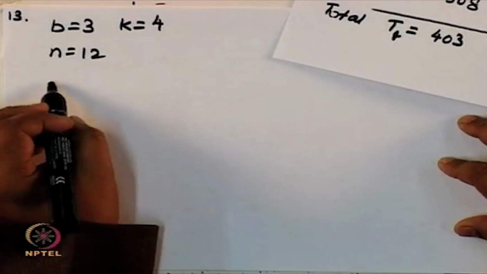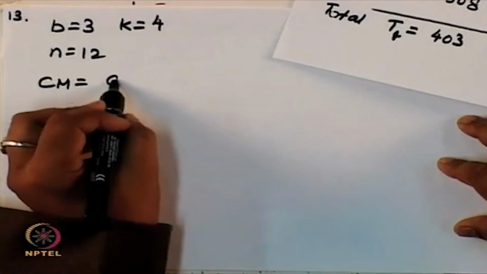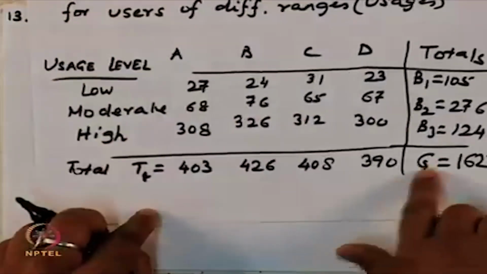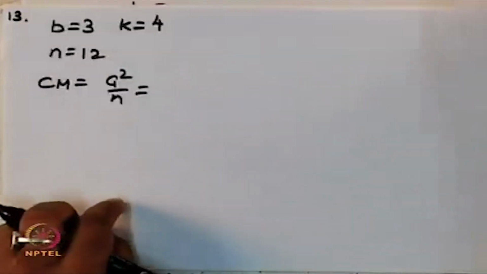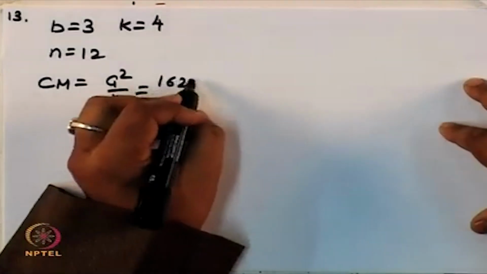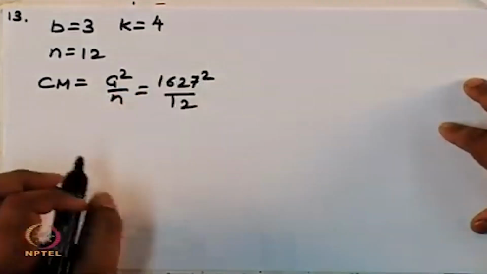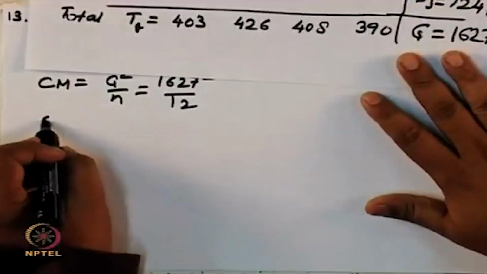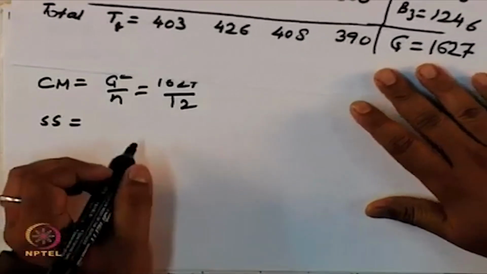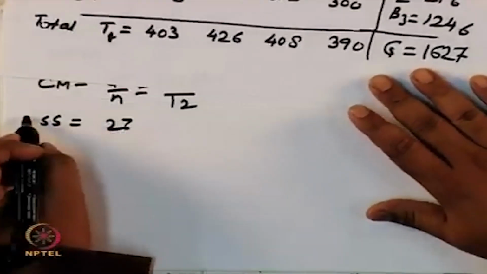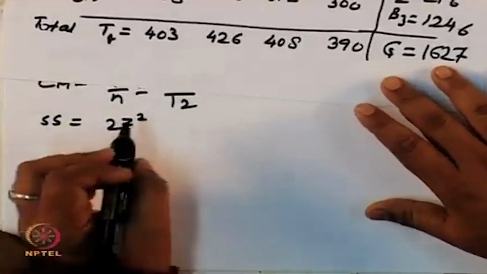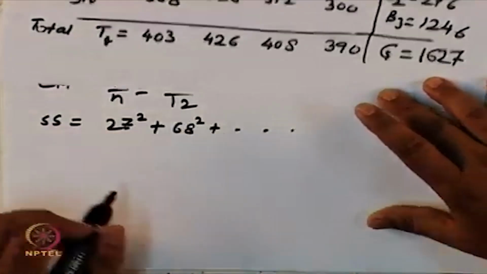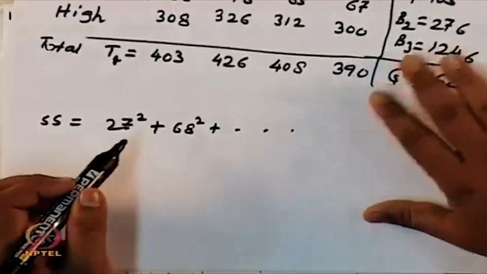You can calculate the Cm, which is given by G square by N. G we calculated as the grand total of all observations, so I can write this as 1627 square by 12. My sum of squares is all these squares put together, so you take the squares of all the observations.